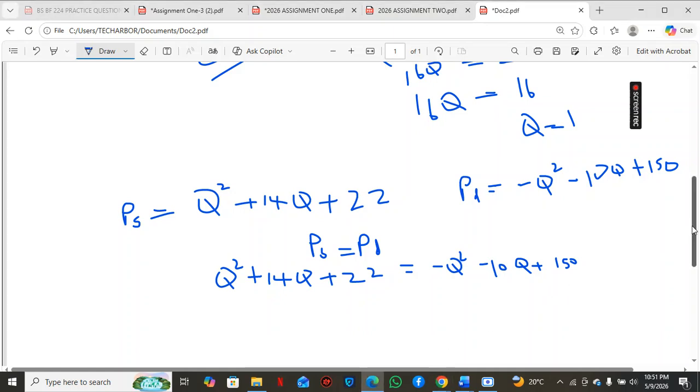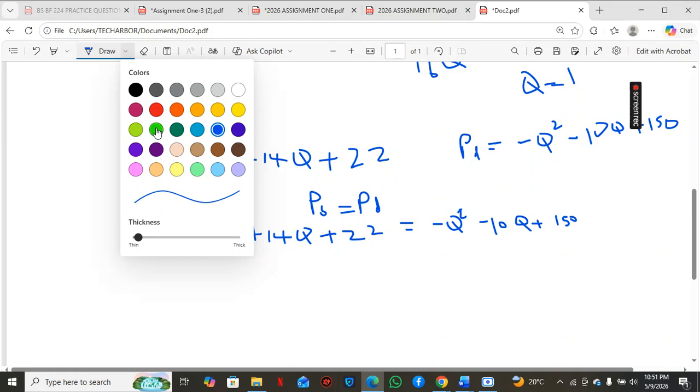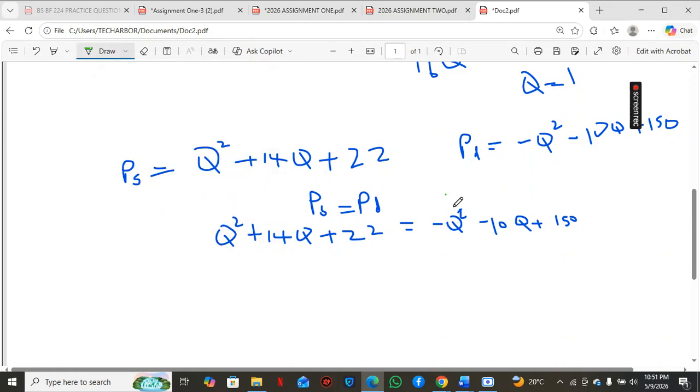Okay, so it's a matter of grouping like terms together. Now, the way these q squareds are, they're not going to cancel each other out. So here it means you're going to form a quadratic equation. So basically, we're going to take all of these terms over the equal sign.